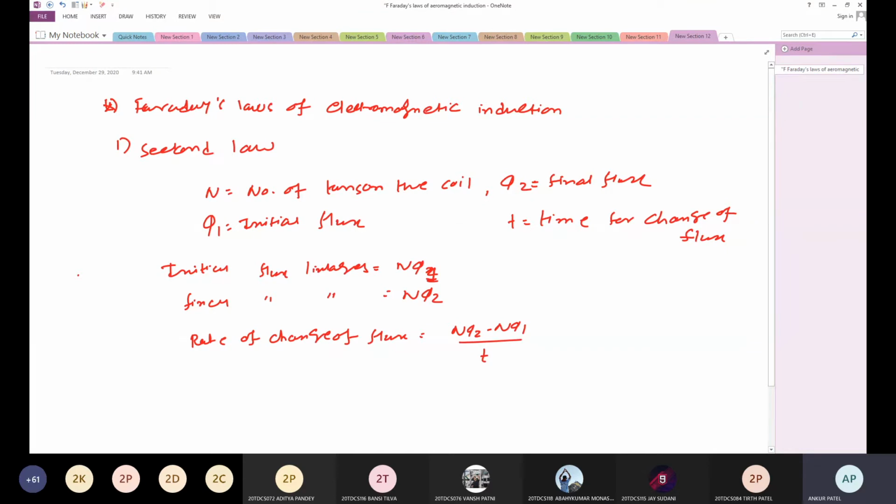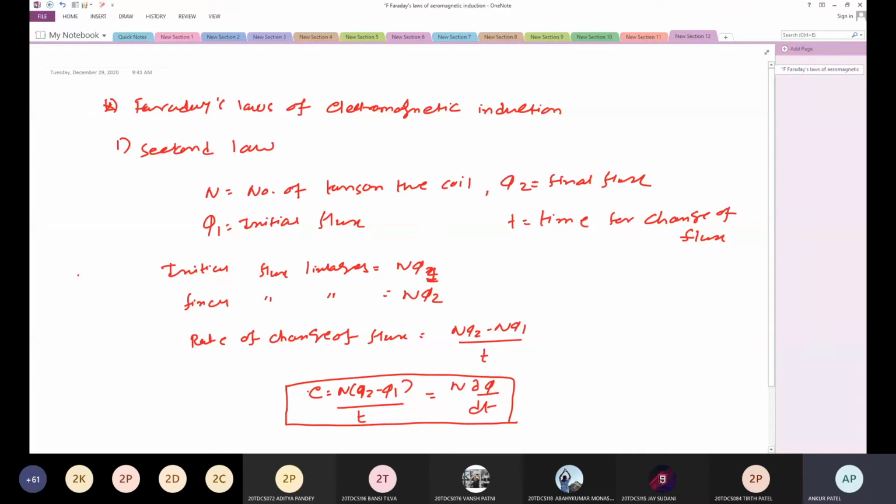So according to Faraday's law of electromagnetic induction, the induced EMF is equal to N times phi 2 minus phi 1 divided by T. So this is nothing but N d phi by dt, the rate of change of flux.